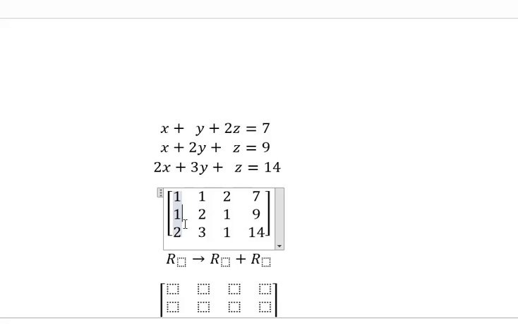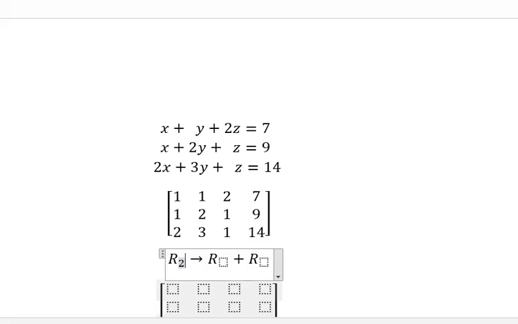So an easy way to start is often to use the first row to make that point there in the matrix 0, and then the first row to make that first part of this third row 0.